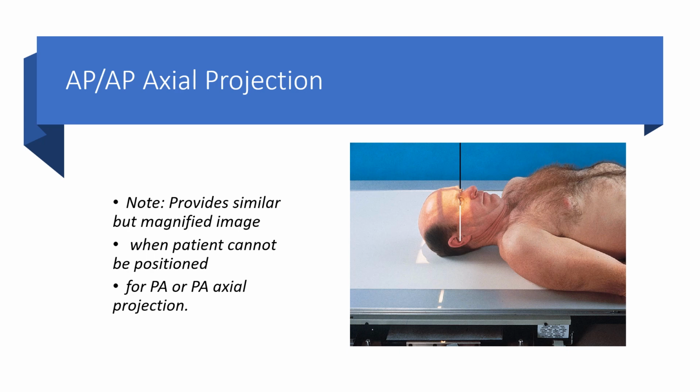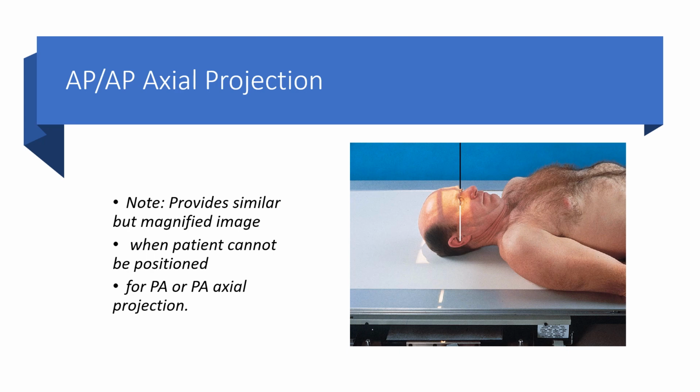In the reverse Caldwell, angle 15 degrees cephalad rather than 15 degrees caudad. In both of those, the AP and the AP axial projection, direct the central ray to the nasion. Have the orbitomeatal line be vertical if you can, okay? If you can't manipulate the patient's head because you suspect a C-spine fracture, angle the tube such that the central ray is running parallel to the orbitomeatal line.